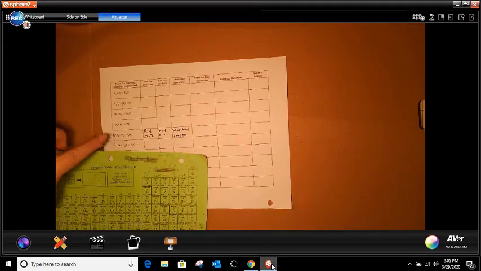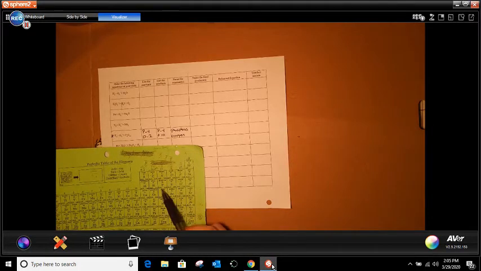Because there are 2 separate elements, and it's asking what the name of the other one is. P and O are both nonmetals, so I'm going to have to get my naming wheel out. Wow, I got to get everything out today. Let me see if I can find my naming wheel. If you'll give me a second.